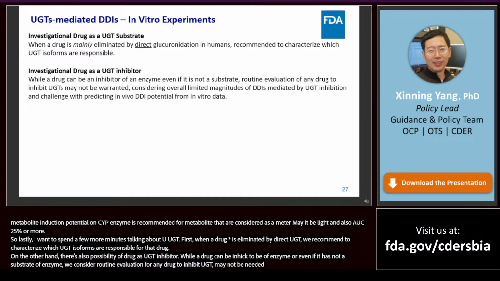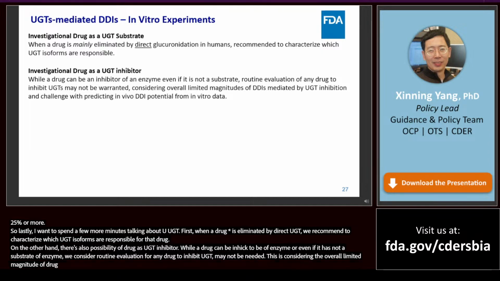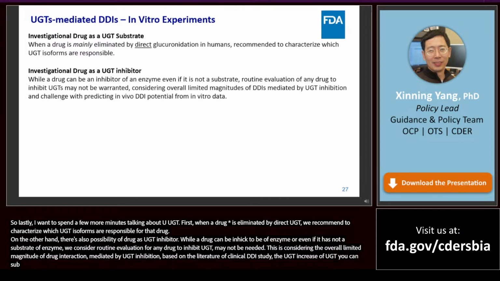This is considering the overall limited magnitude of drug interaction mediated by UGT inhibition, because based on the literature of clinical DDI studies, the AUC increase of UGT substrates generally does not exceed threefold. A lot of the time it is twofold or less.